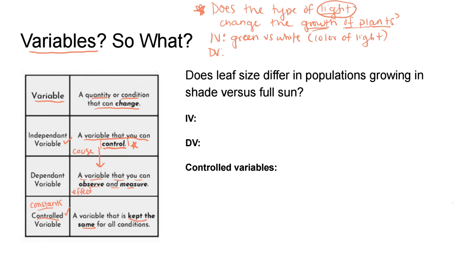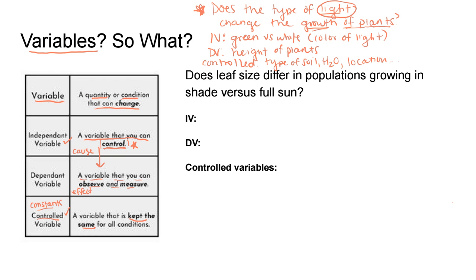So maybe what are we going to measure? The height of plants. And if that's what we're testing, then our controlled variables, everything else has to be the same. So the type of soil needs to stay the same, how much you water them, the location of them, the weather, the climate, everything else has to be the same.